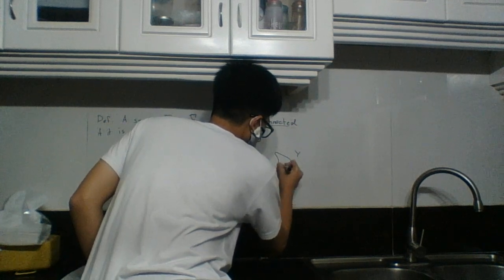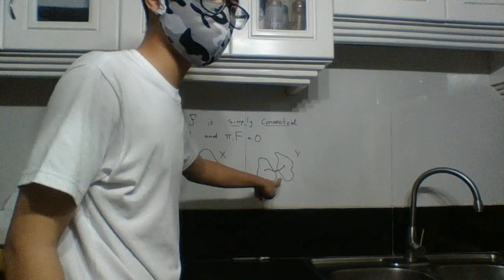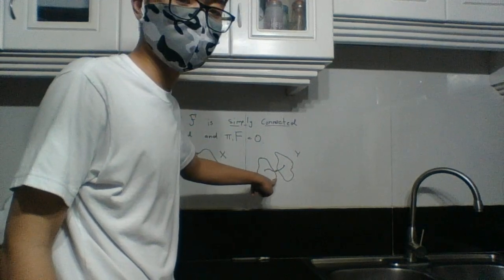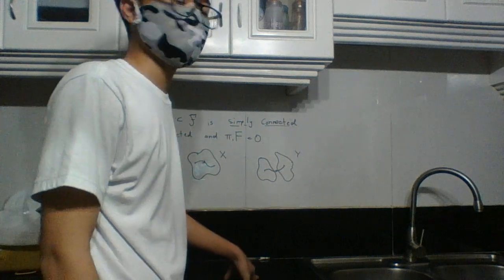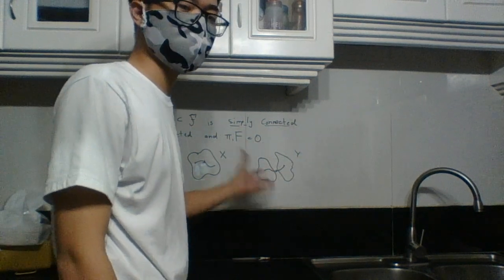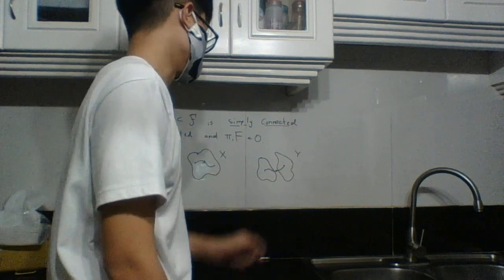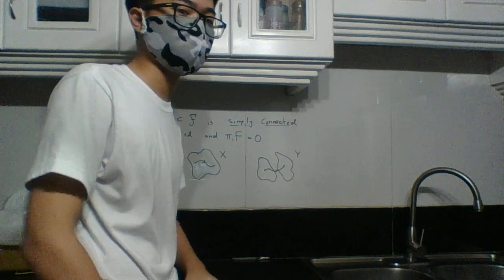Because once we try to take 2 points and link them with a path, the path has to travel through space outside the entire set. So Y here is not path connected because the path must stay inside the space.